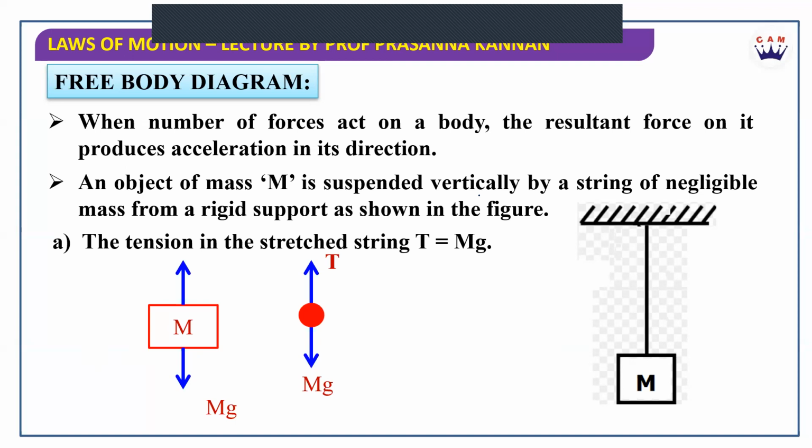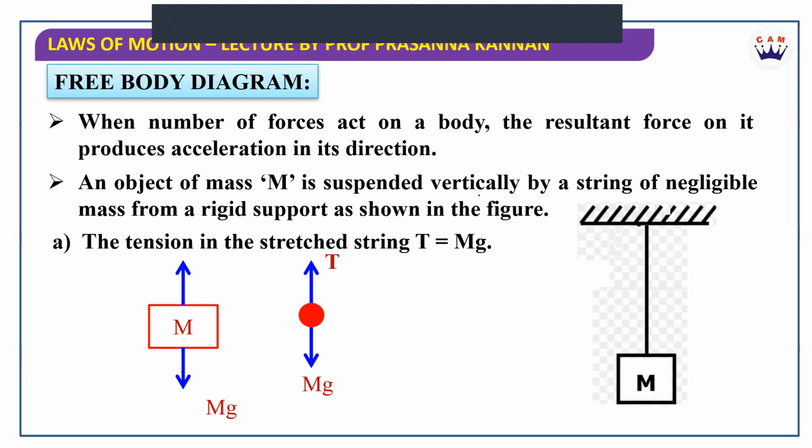Or even in this example, tell me which is the resultant force. Suppose it is going down with an acceleration a, which is greater, mg or tension? mg. So you should do what? mg minus T or T minus mg? mg minus T. So mg minus T will be equal to m into a. So the resultant force will be in the same direction as the acceleration. That's all. That's the first point.